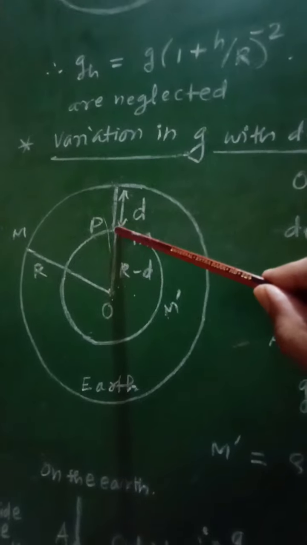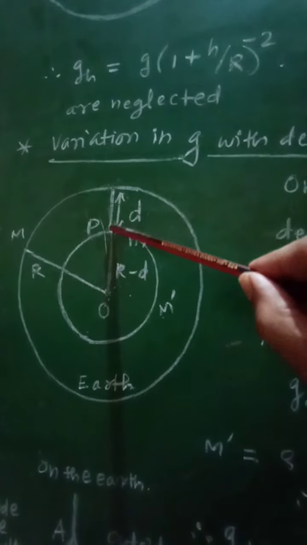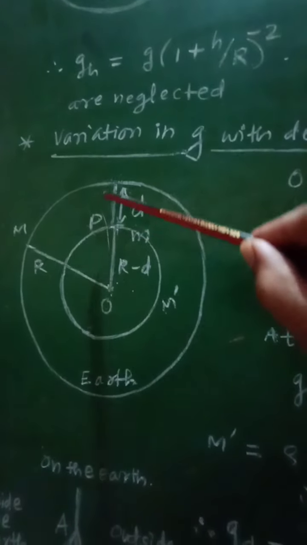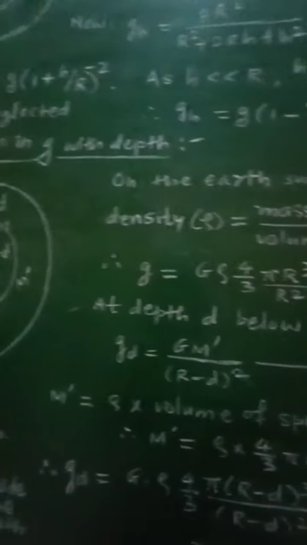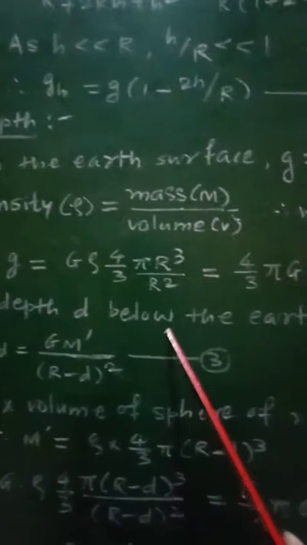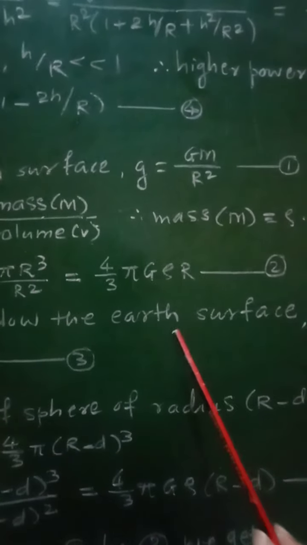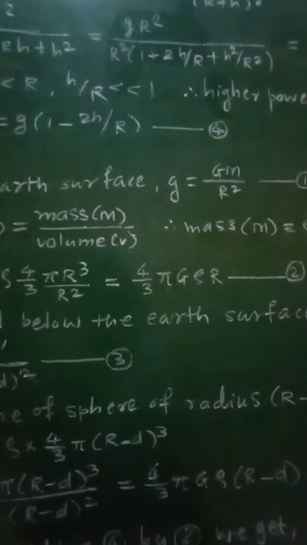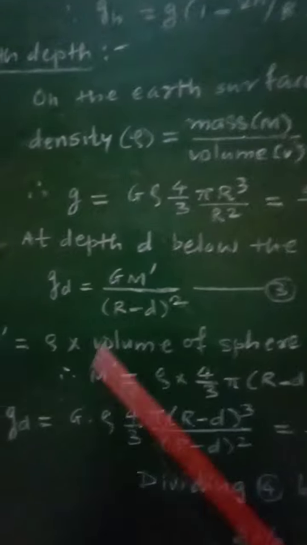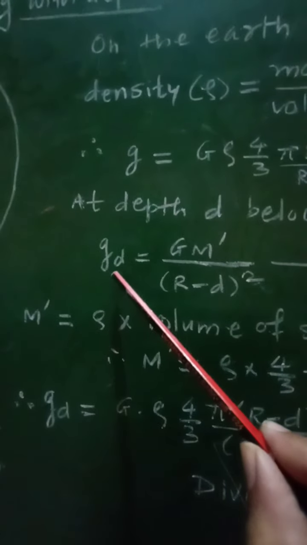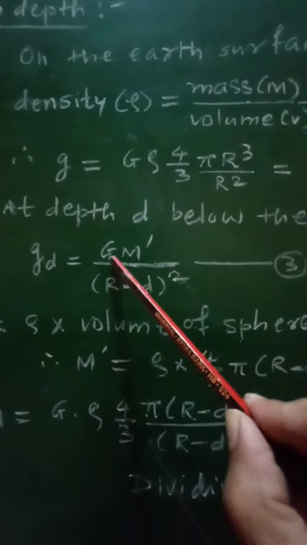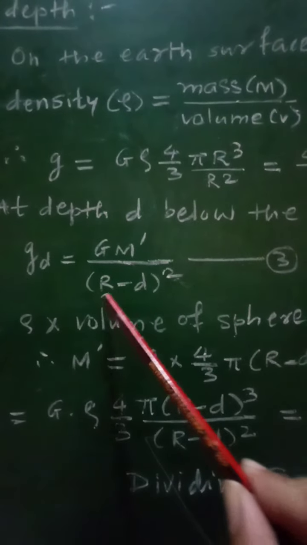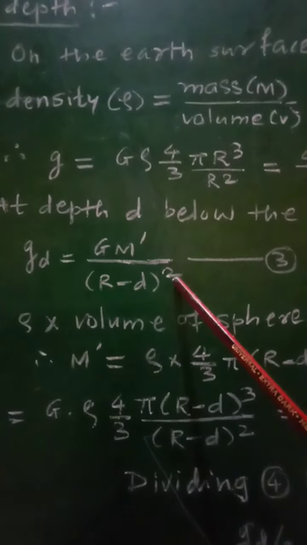Now suppose that a body is present at point P, that is at a depth equal to d below the earth's surface. At depth d below the earth's surface, g_d, the acceleration due to gravity at depth d, is equal to G M dash upon (R minus d) whole square.